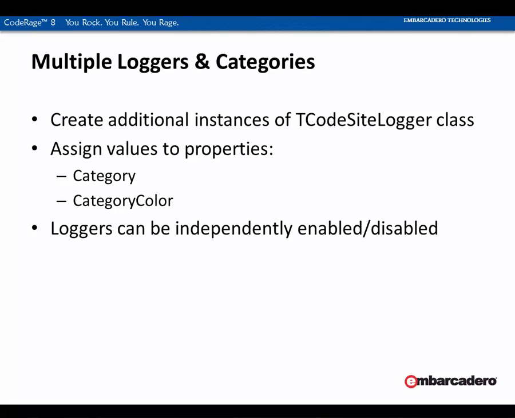Now, maybe you might have a critical logger that you always have enabled. Anything that's important that has to be logged, you're going to make sure you use critical to do it. And we recommend setting a category on it and a category color even, so that they show up differently inside of the viewer. We can also filter on those categories and do some analysis that way.